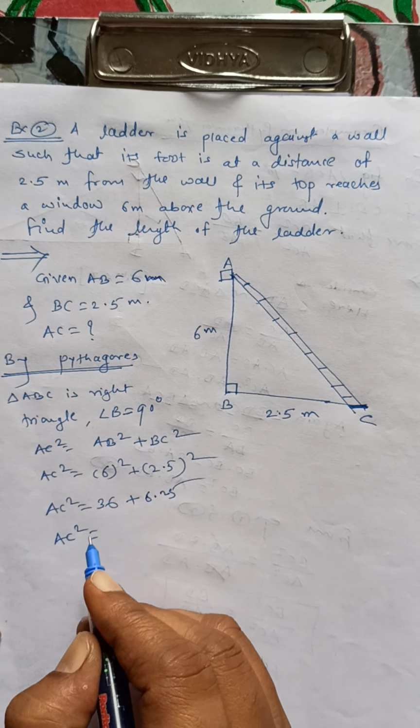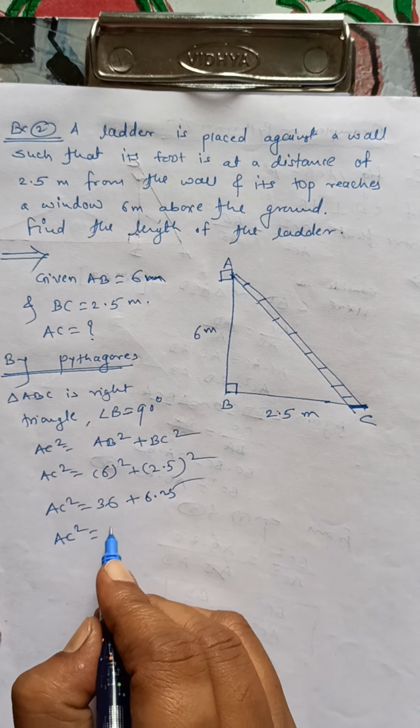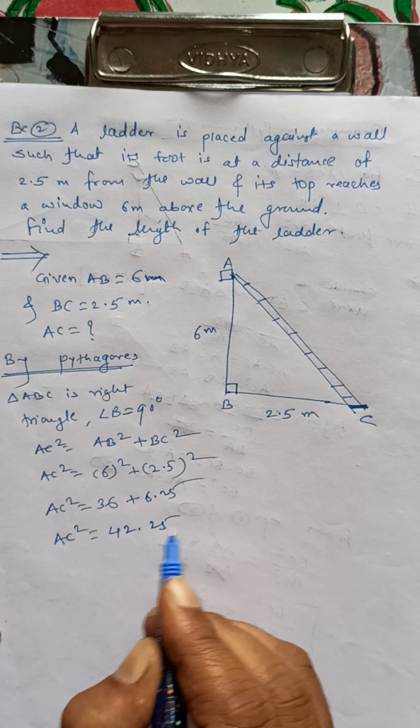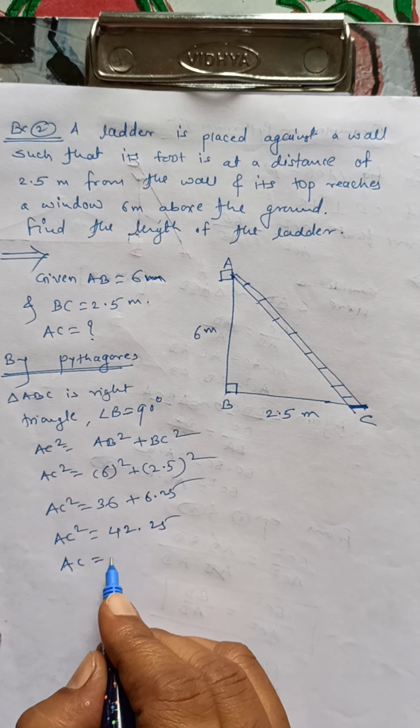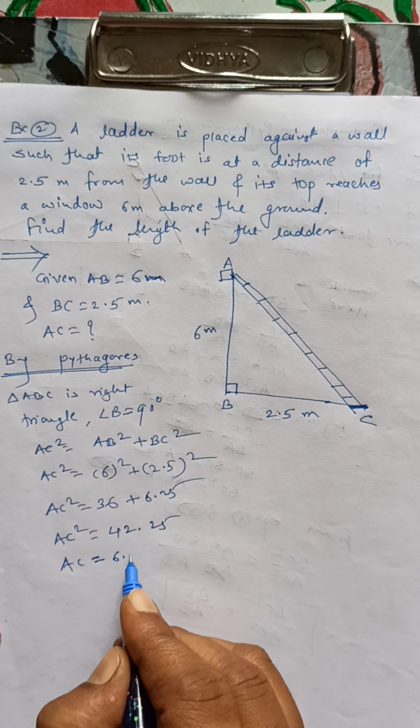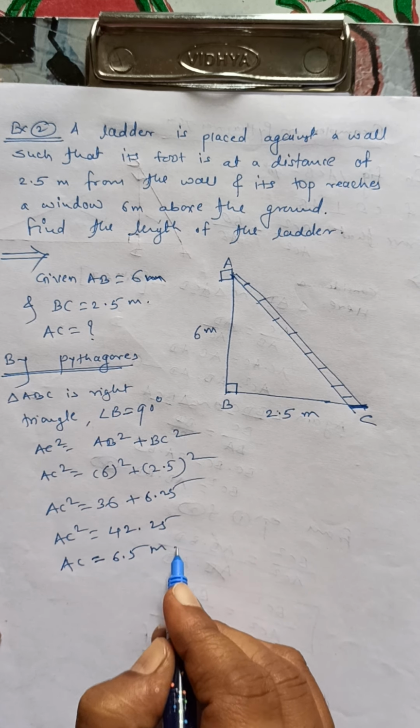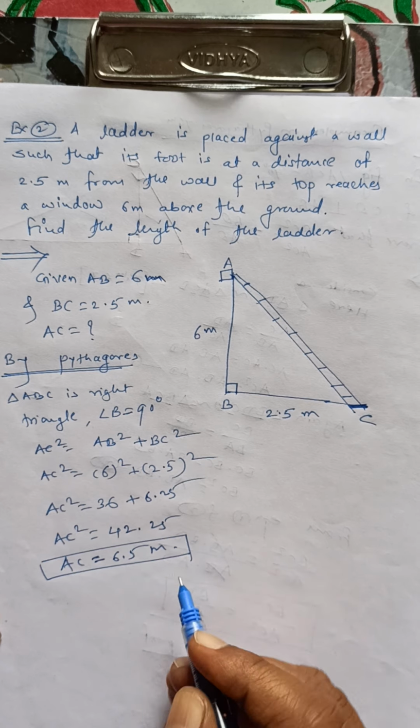So AC square is equal to 42.25. Taking the square root on both sides, AC is approximately 6.5 meter.